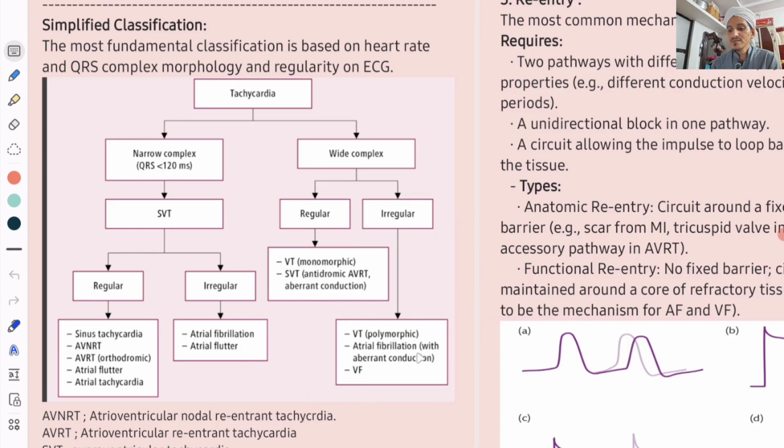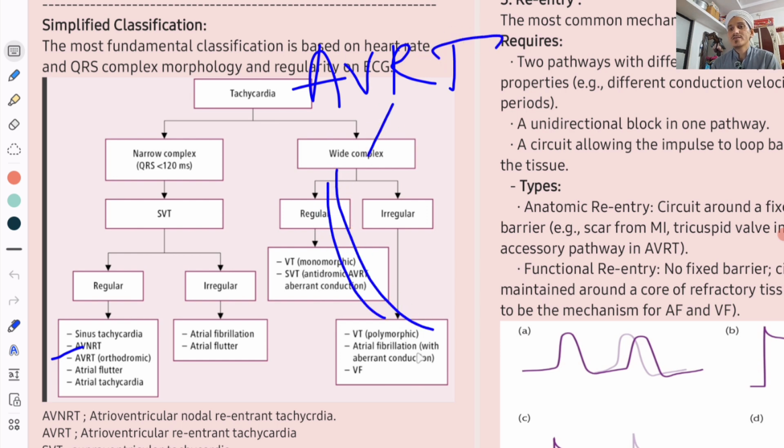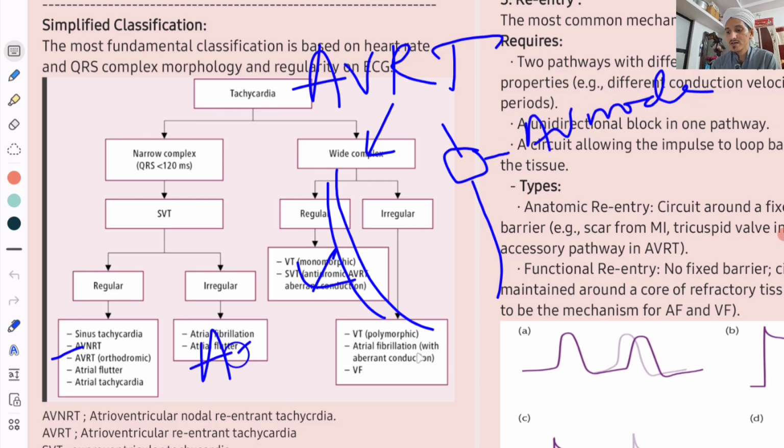Next is AVRT, atrioventricular reentrant tachycardia. In AVRT, remember, there is always an accessory pathway. This is the AV node, and this is the accessory pathway.